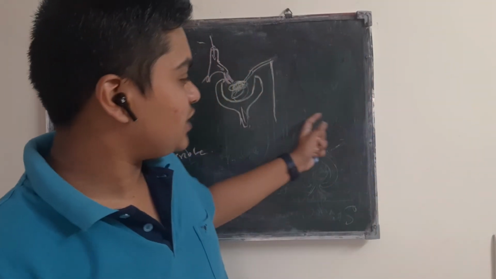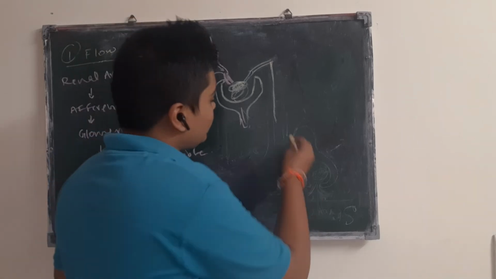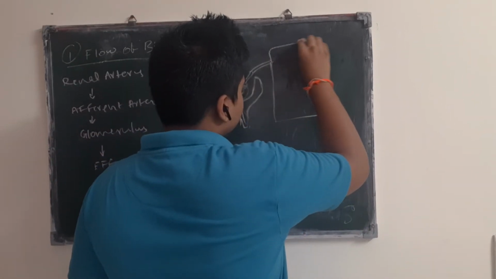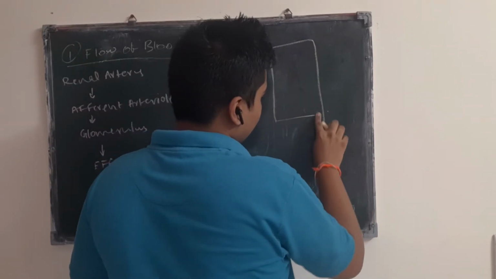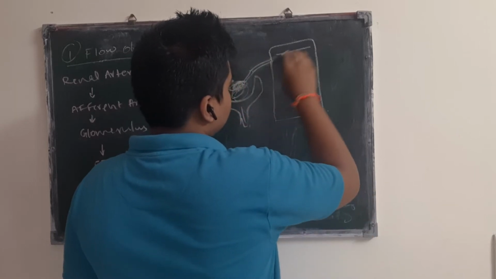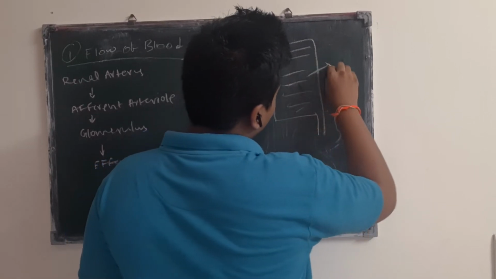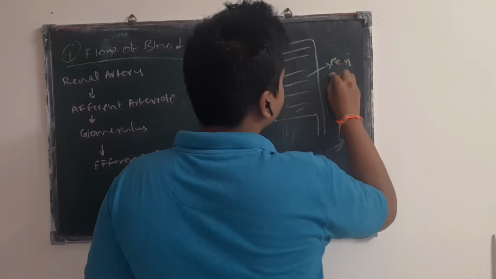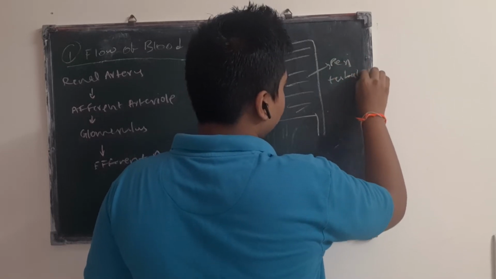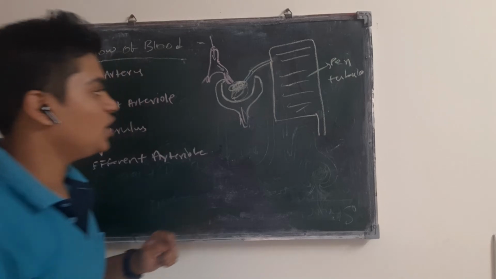So that is why I am showing you the peritubular net beside like this. The NCERT diagram is correct, but for our understanding, it will be like this.